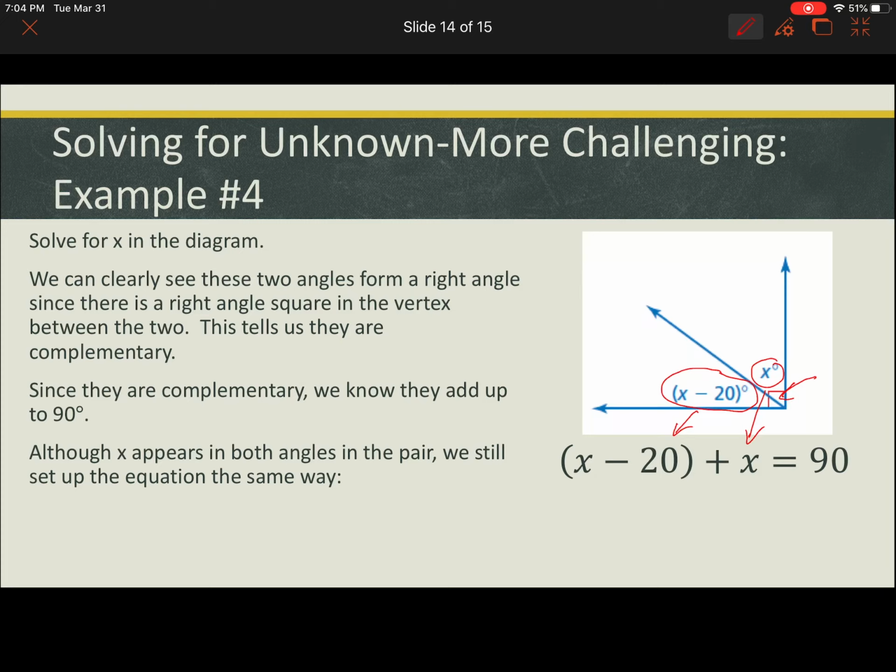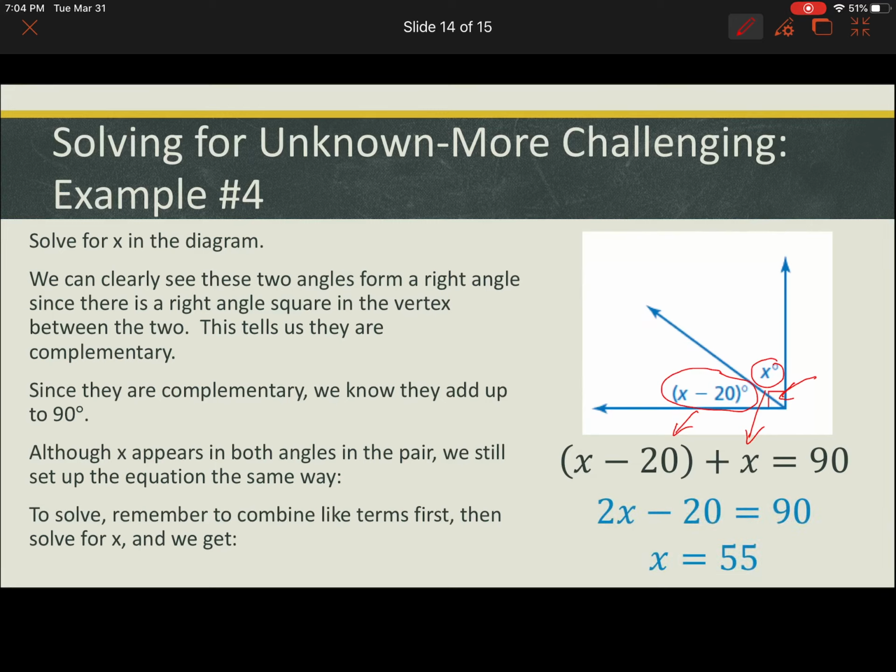This is a little bit more than a two-step equation. It is a multi-step. So because it's a multi-step, we have to first combine like terms. So combining like terms, we get 2x minus 20 equals 90. And then, again, solving for x, we get x equals 55.